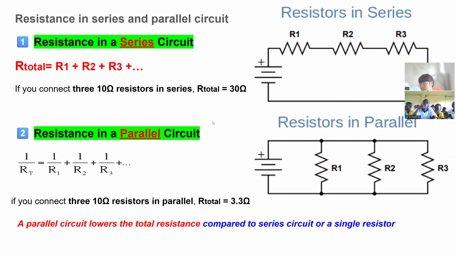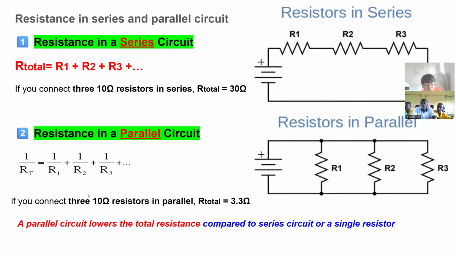Resistors can also be in a parallel circuit, and the R total is calculated by 1 over the total resistance equals 1 over the first resistance plus 1 over the second resistance plus 1 over the third resistance.